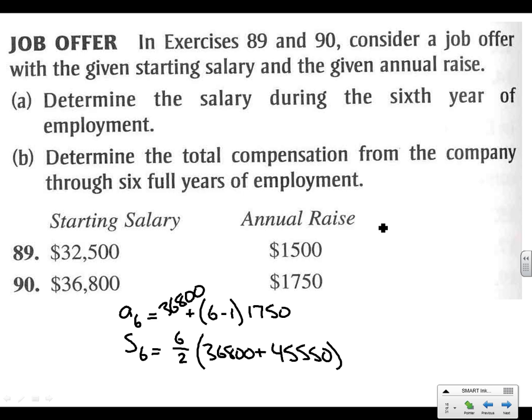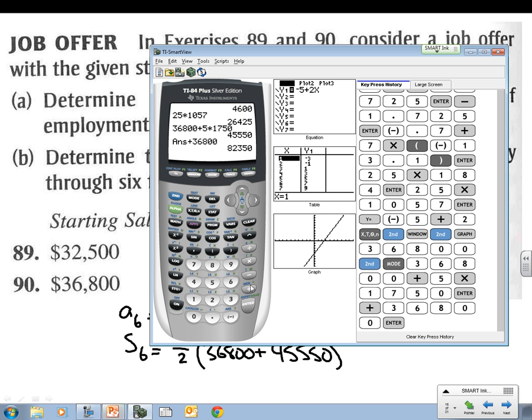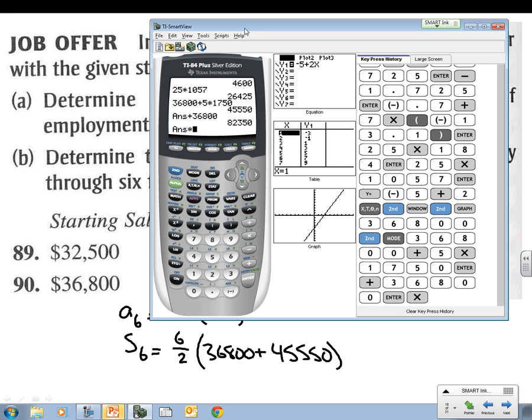So let's add those two things together. I'm going to add 36,800 on and get 82,000, and I'm going to times it by 6 over 2, times it by 3. So over those 6 years, we would have made $247,050.